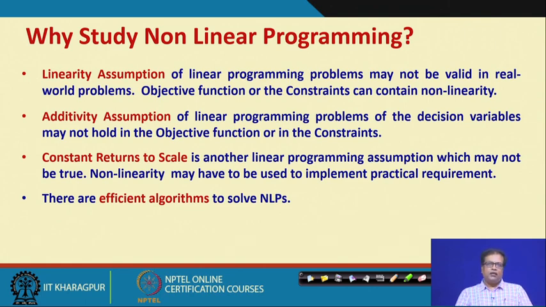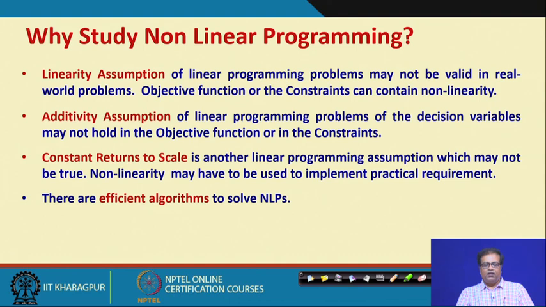There are certain assumptions, if you really recall, about linear programming. What are they? The linearity assumption, then the additivity assumption, constant returns to scale, and certain other assumptions. Out of all the assumptions, the first, the linearity assumption, may not be valid for the nonlinear programming problem. Is it all right?